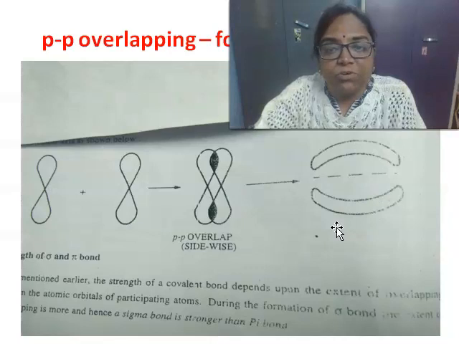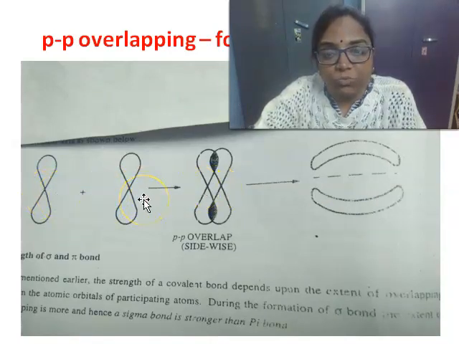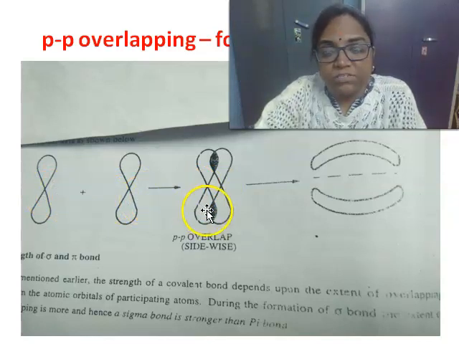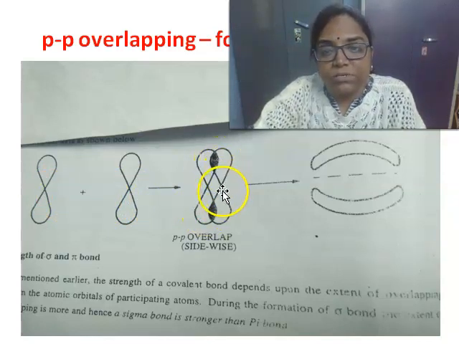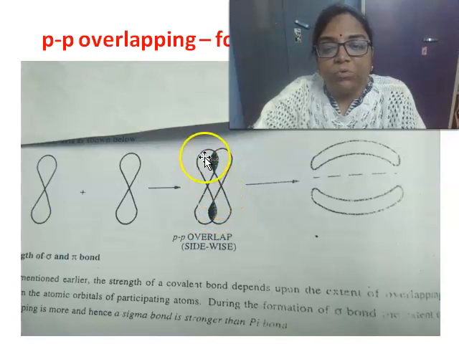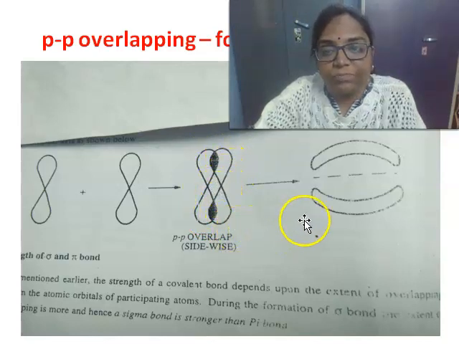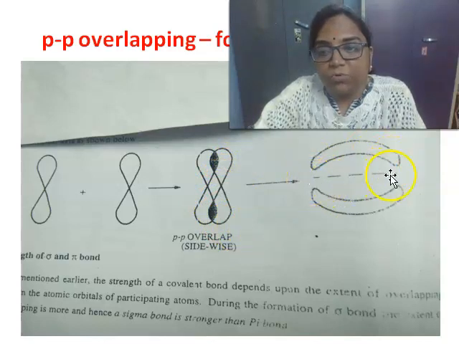In the case of the formation of a pi bond, both the p orbitals are also involved, whereas here the overlapping is lateral, otherwise called sidewise overlapping. So this is how a pi bond is formed due to the lateral overlapping of the p-p orbitals. One lobe is above the plane, above the nuclear axis, and the other is below the plane.